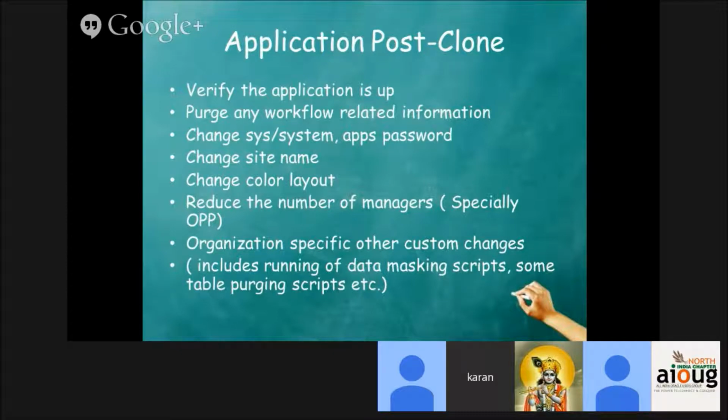Those, as the name suggests, are managers which take in the SQL data or the XML data and convert it to proper reports. These are heavy managers and they consume a significant amount of RAM on the system. So you may want to reduce this on a clone instance. Other than that, there would be certain organization specific changes that would be required to be done, like masking certain data.